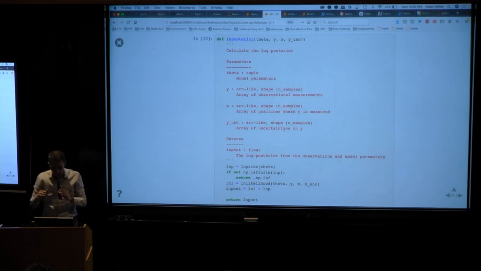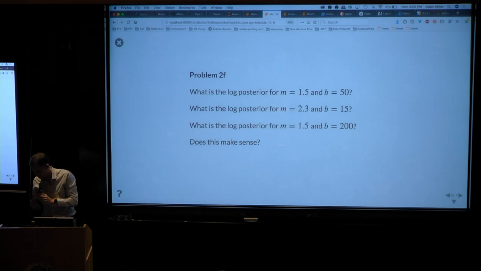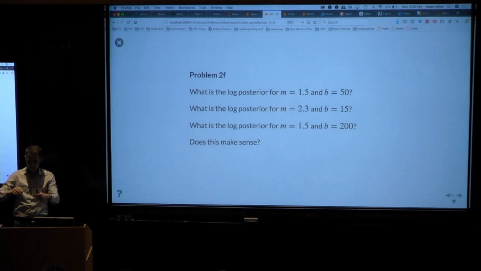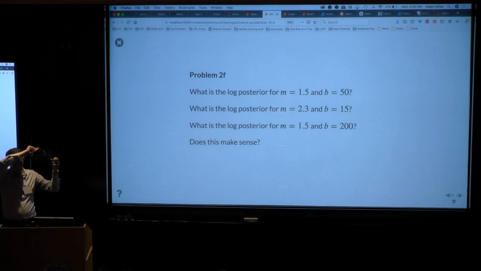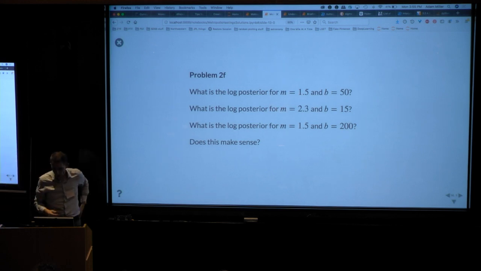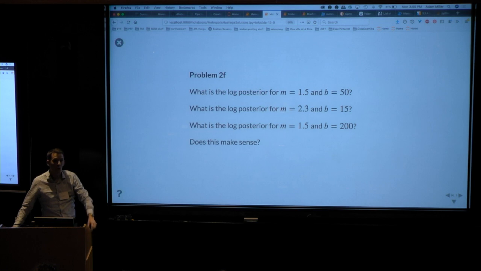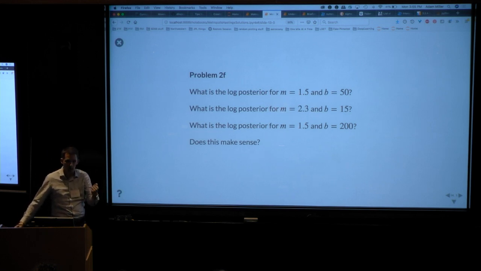Okay, so I think we all got through the calculations in problem 2. Within problem 2, we did things like compare what the values of the likelihood, the prior, and the posterior are if you are at the exact correct answer, which we know because we have simulated this data, or as you move away from that, what do you get?